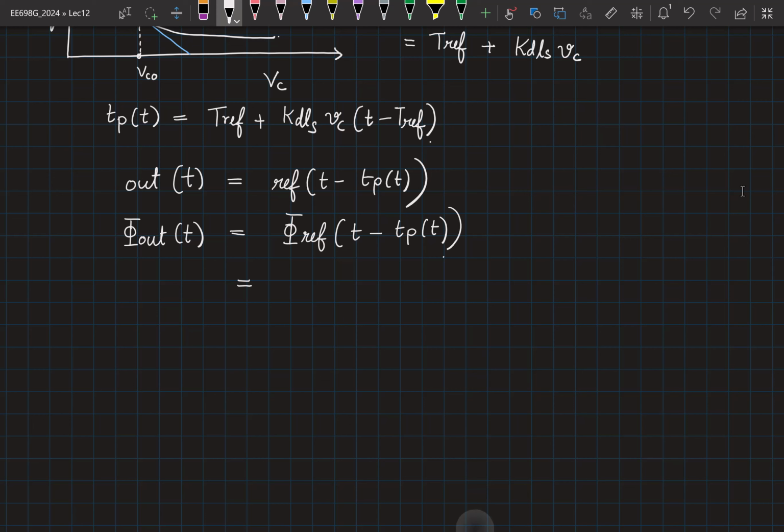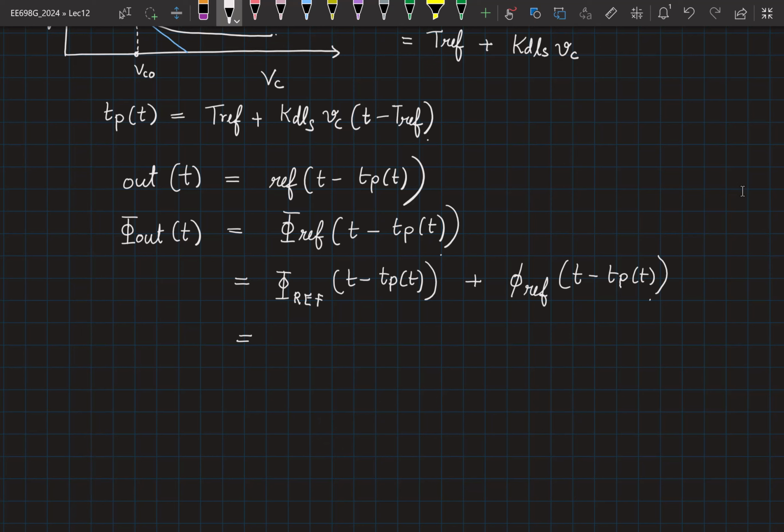So the phi ref, this is a total phase. Let me quickly split this into the large signal phase plus the small signal phase. So far okay? Now what comment can you make about the large signal phase?